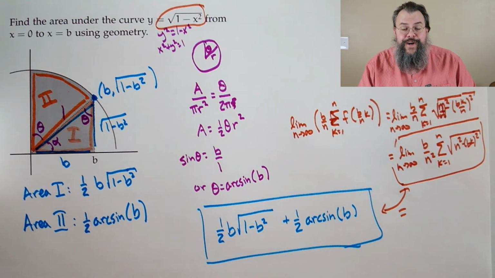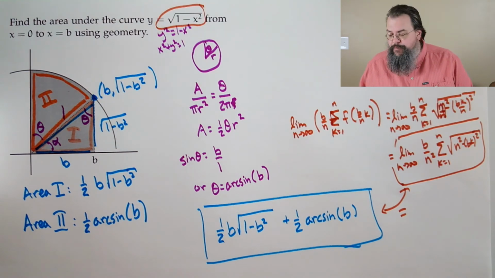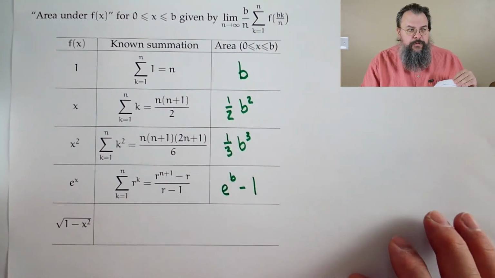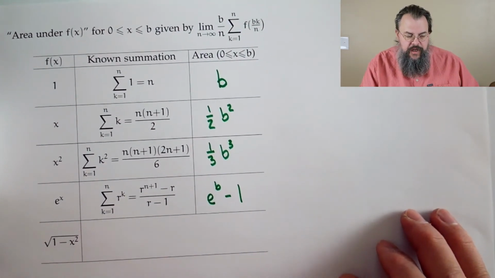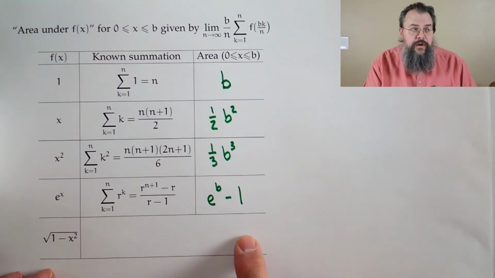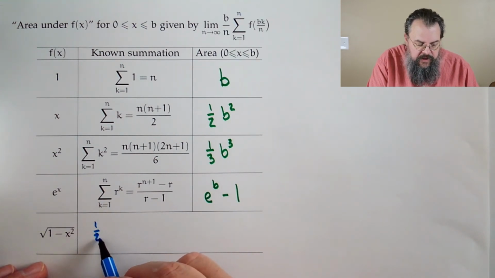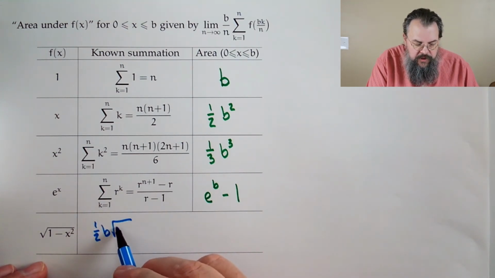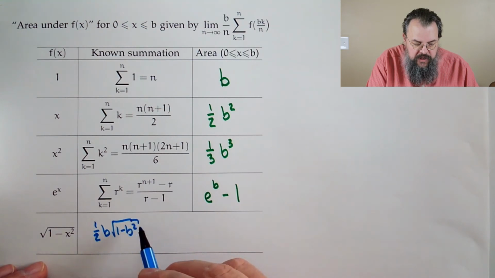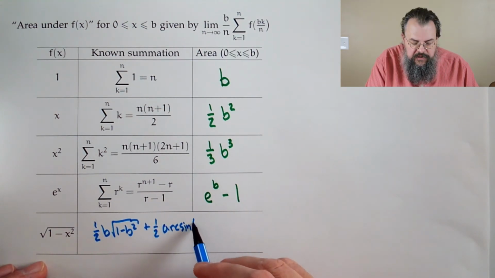Well, let's go back to our chart, because this is the last entry, that missing entry. So this last entry, square root of 1 minus x squared, okay, that one is a little bit longer, but okay, we have space. We can write it out. So it was 1/2 b square root 1 minus b squared plus 1/2 arcsine of b.